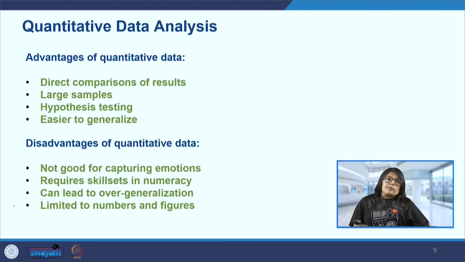So here the intellect of the research team becomes very important: what questions they are asking, how they are framing those questions, and whether the quantitative approach or the qualitative approach is better for those particular questions. That all depends on the understanding of the research team about which method they should use. Also, it is limited to numbers and figures because it is quantitative data, so it is all about numbers and figures.